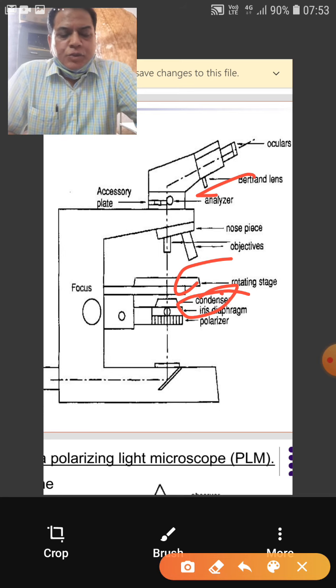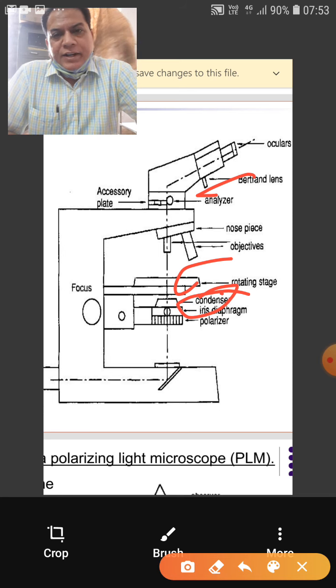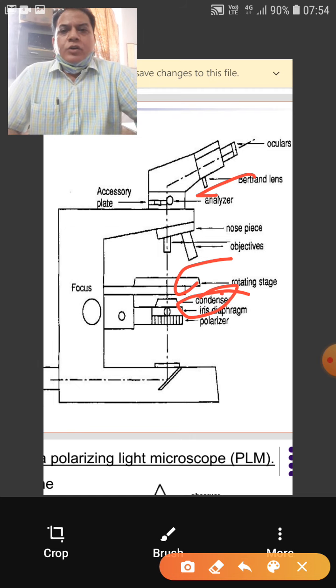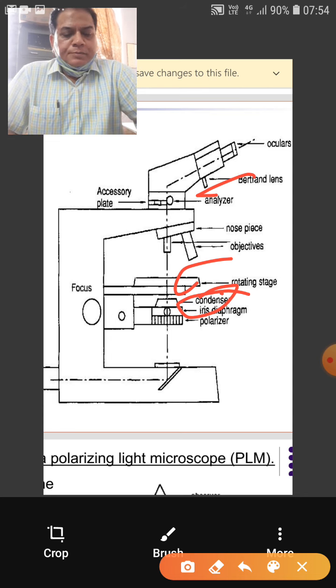In the conoscopic arrangement we find out the interference figure, the optic sign, 2V, and dispersion. So these optical properties we identify under the conoscopic arrangement.